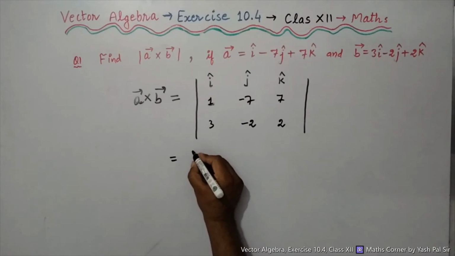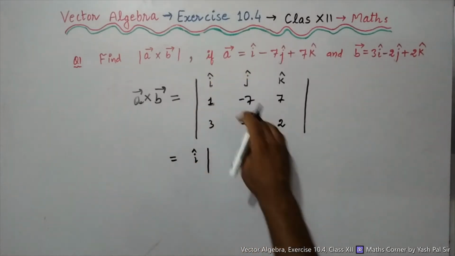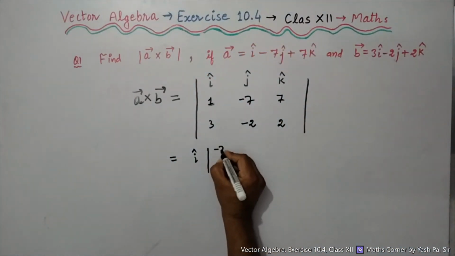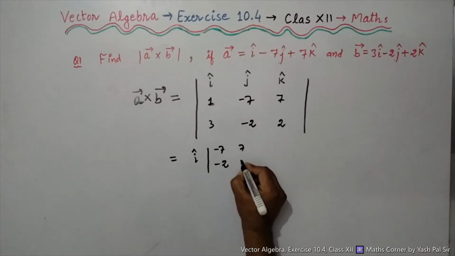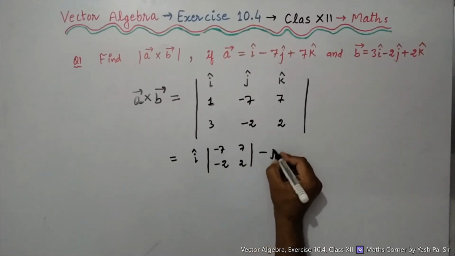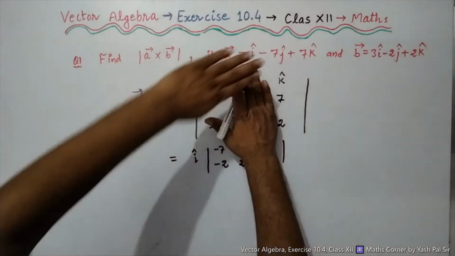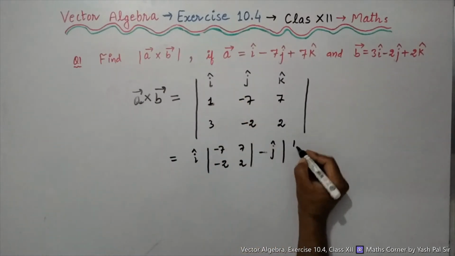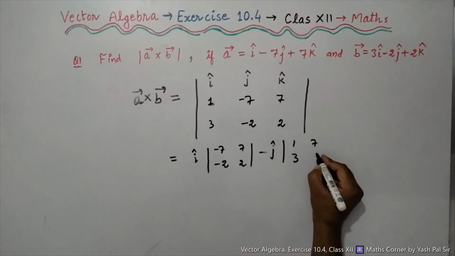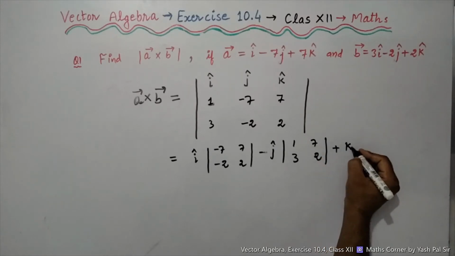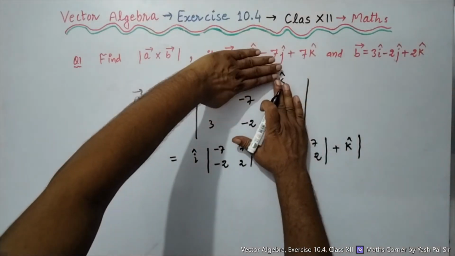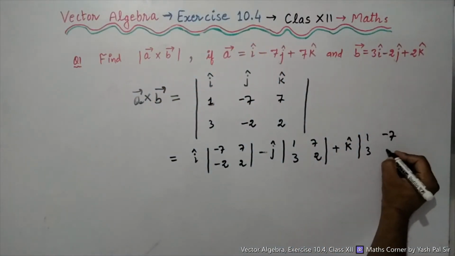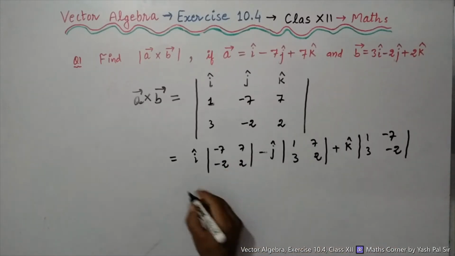So this way we have i cap into, corresponding to this i, row and column are eliminated, minus 7, minus 2, 7, 2, minus j, again corresponding to j, row and column are eliminated, 1, 3, 7, 2. Lastly plus k, corresponding to k, row and column are eliminated, 1, 3, minus 7, minus 2, this way.